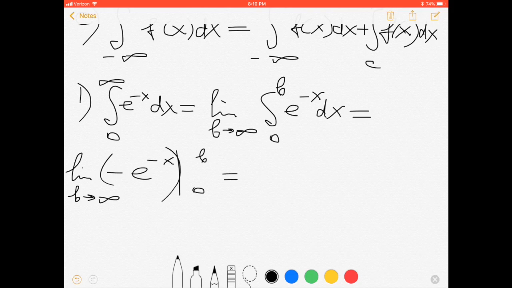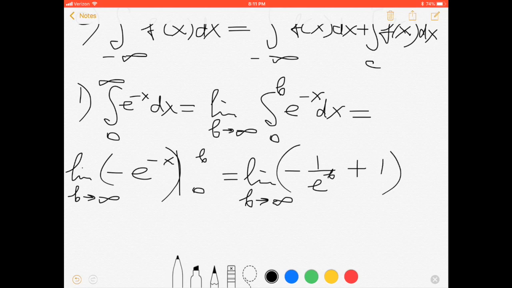If we plug in, we have the limit of minus 1 over e to the power b as b approaches infinity. And if you plug in 0, you have negative 1, but because you need to subtract, you have plus 1. This fraction approaches 0. This means your integral equals 1.